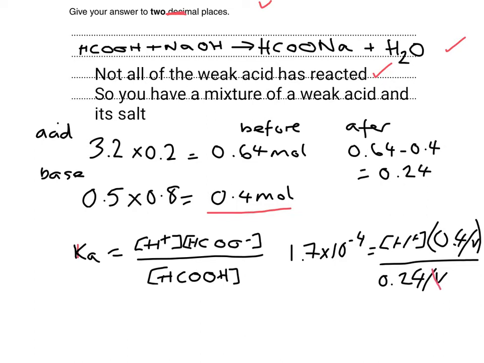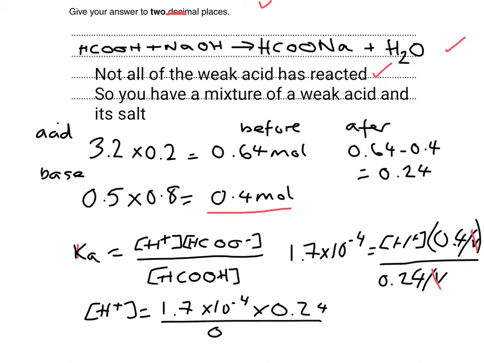This means that I can cancel off the volumes, giving me an equation which, if you rearrange, you will get that the concentration of hydrogen ions equals 1.7 times 10 to the minus 4 times 0.24 over 0.4.